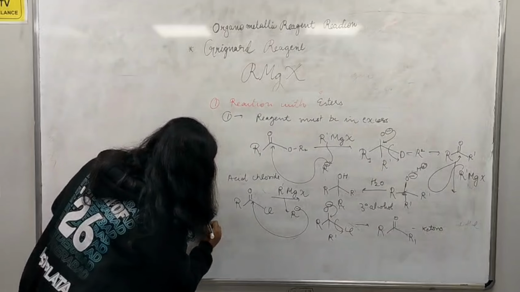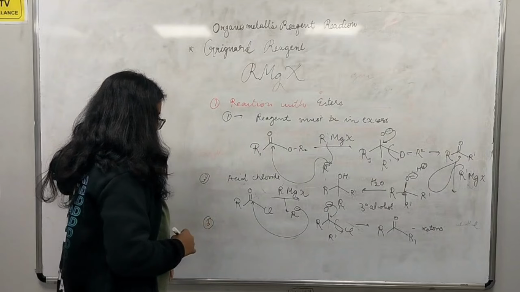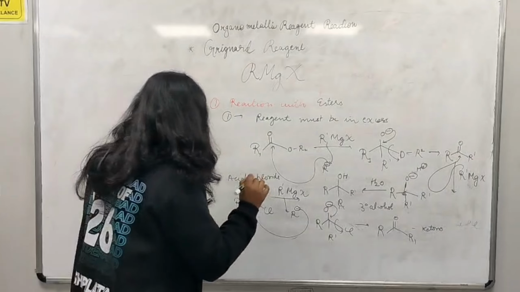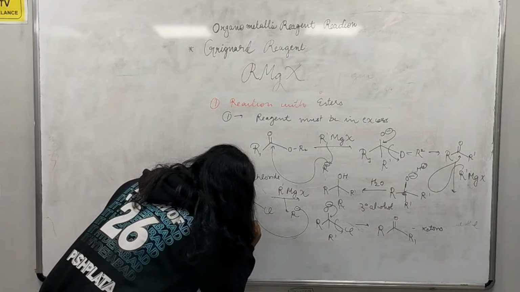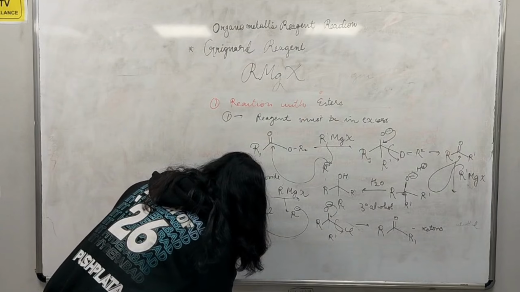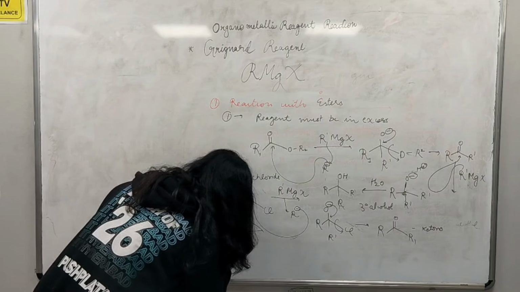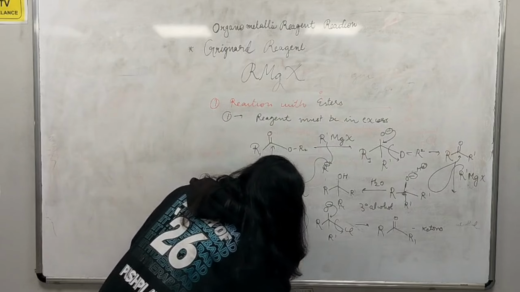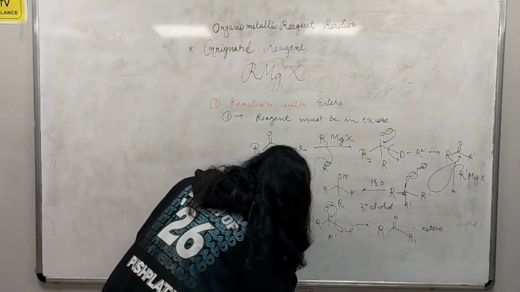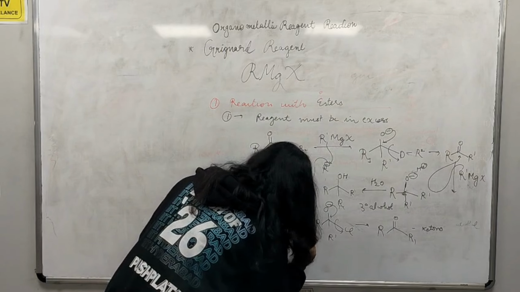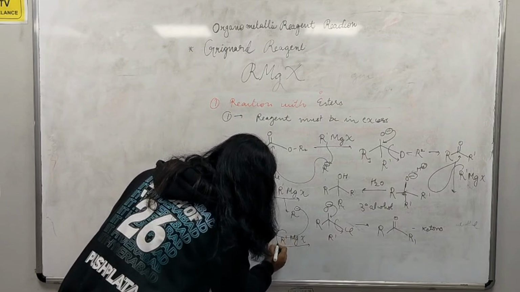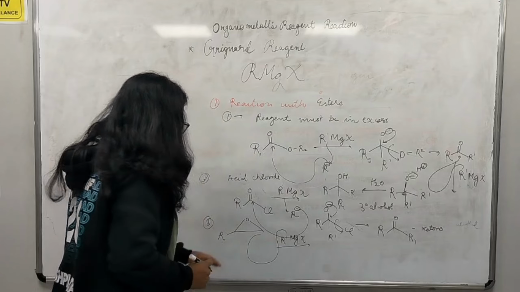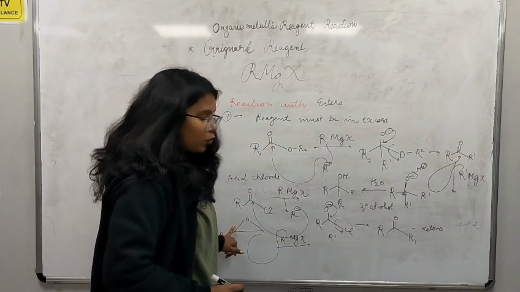Now let's take an epoxide group reacted with RMgX. This R negative comes in. Now the question is where it will open the ring.